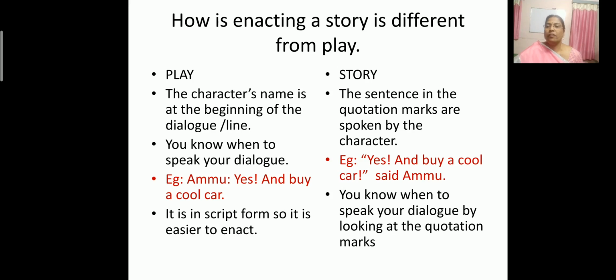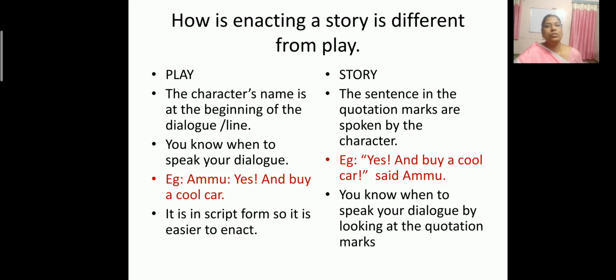So in a play, first the name of the character will be there, then two dots, then her dialogue. Clear, children? It is in script form, so it is easier to enact. All this part of writing, like Amu's dialogue, Anup's dialogue, is in a script form. So that is very easy to play the drama or play the role.